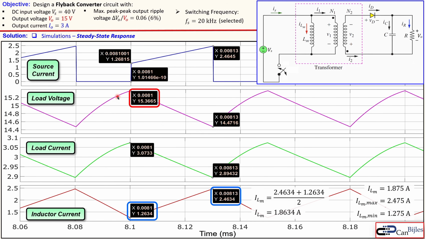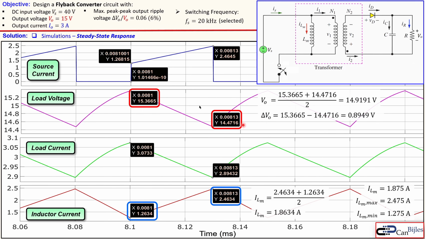Now for the load voltage, there was of course a specification of the peak output ripple. So let's see that. The maximum is here 15.37 approximately, and the minimum is 14.47. So if you use the exact values given here in the labels and add them up, divided by 2, that will be then of course the average, which is 14.92 volts, close to 15, so not exactly, but close to 15.